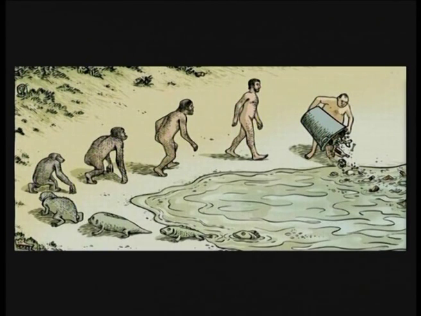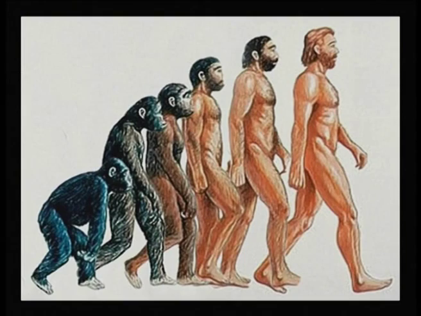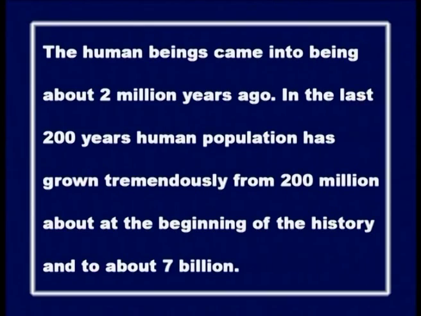If you look back into the evolution of human beings, the world is about 5 billion years old. But human beings are very recent arrivals. They came into being about 2 million years ago.